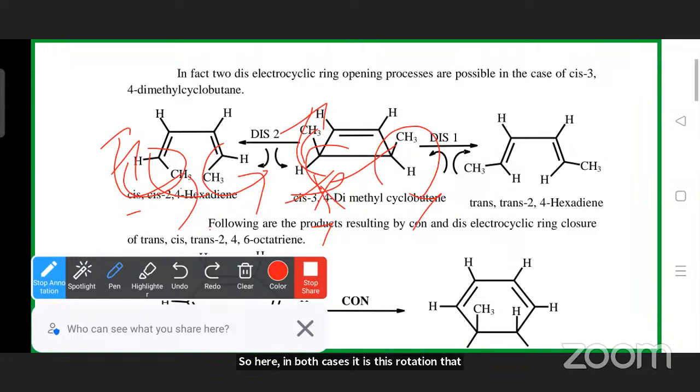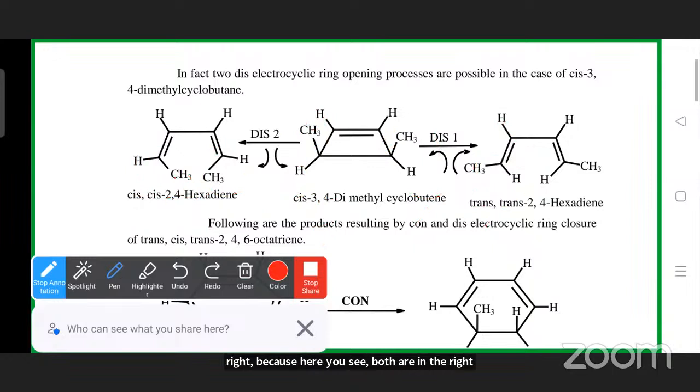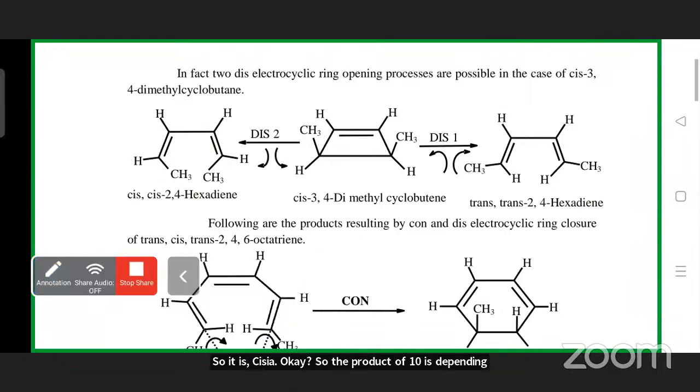But in the first case this methyl is rotated upward and this hydrogen downward, whereas in this case this methyl is rotated downward and hydrogen upward, and then the product is trans. Because here you see this hydrogen and this hydrogen are in opposite directions, so it is trans. And here you see this hydrogen and this hydrogen are in the same direction, so it is cis. So the product obtained depends on the rotation of the orbitals.